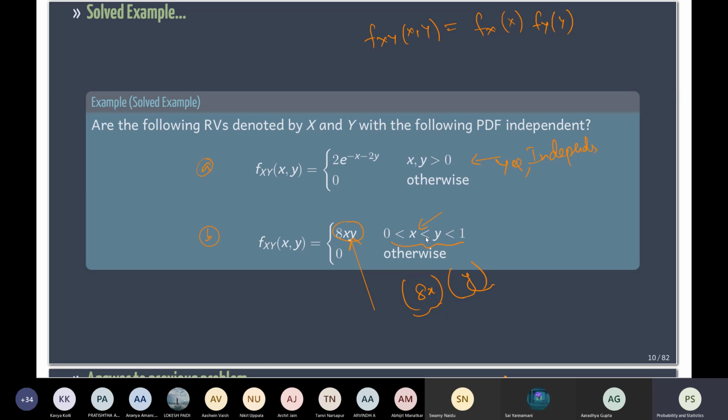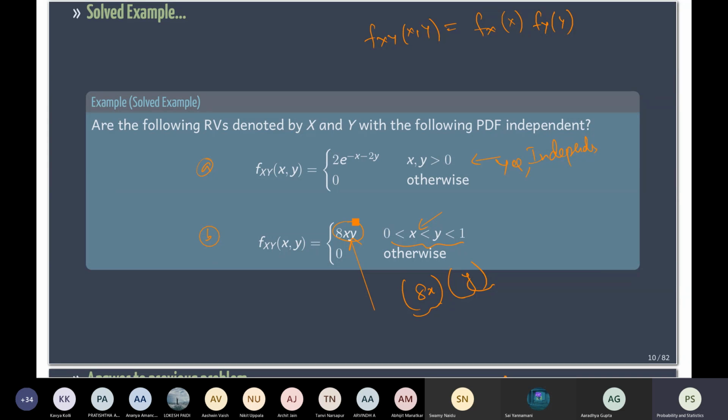It is because of these bounds on x and y that they did not become independent. When you see a dependence of x on y in the range, it may not be the case that the joint can be split as a product of marginals.